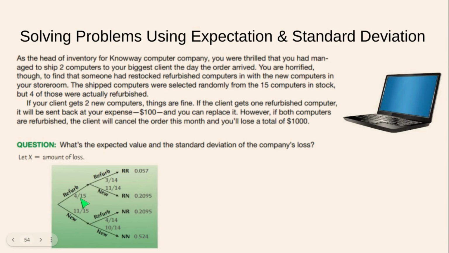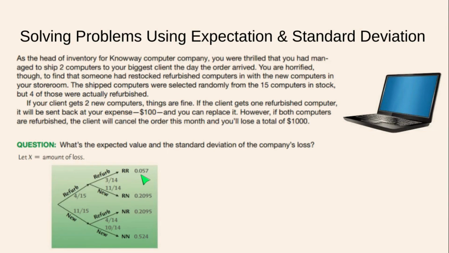That'd be a 4 in 15 chance of having the first laptop be refurbished, and then we would be down 1 refurbished laptop and 1 laptop in total, which means there'd be a 3 out of 14 chance that one of the refurbished laptops would be chosen again.